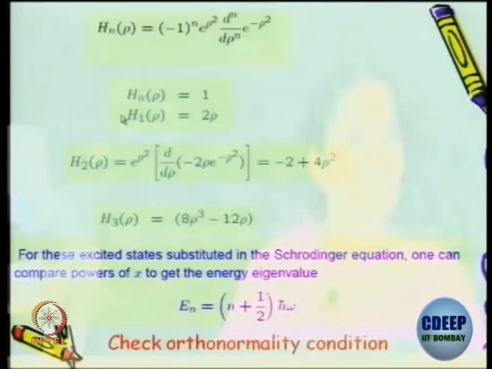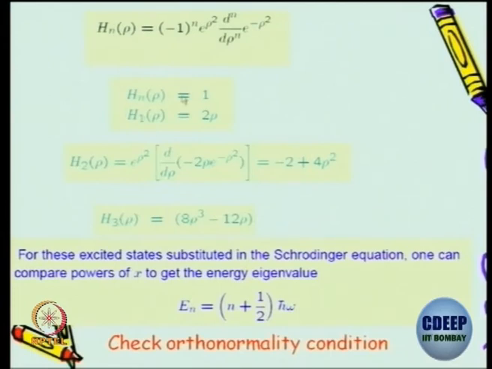Just like in a particle in a box, I want you to check the orthonormality condition for the wave functions, where the orthonormality of Hn of rho will play a crucial role. These Hn of rho, even though I have not really specified, are called Hermite polynomials in the literature. So, please check the orthonormality condition.